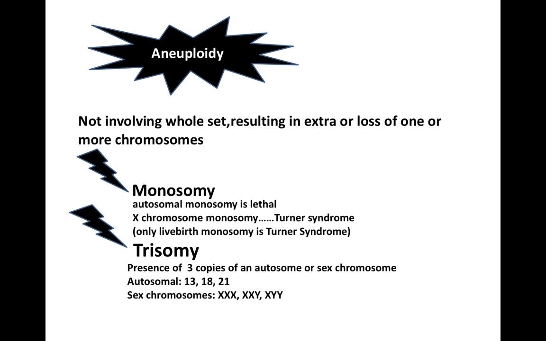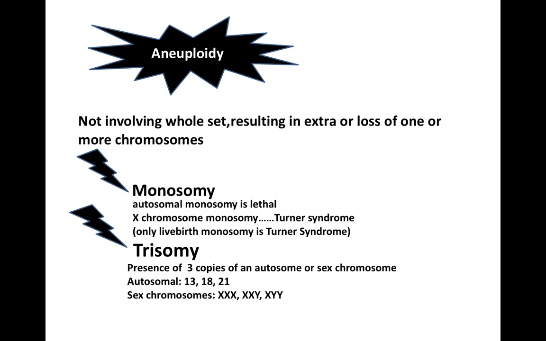If the trisomy affects an autosome, it will not be possible to develop a normal baby, and it is usually ending in abortion. But there are 3 autosomes where trisomy can result in a live birth. And these are the chromosomes 13, 18, and 21.